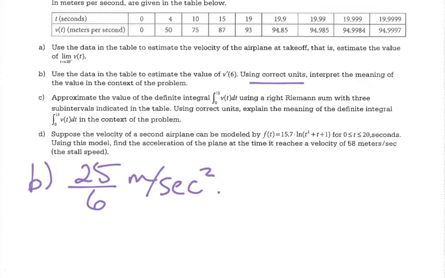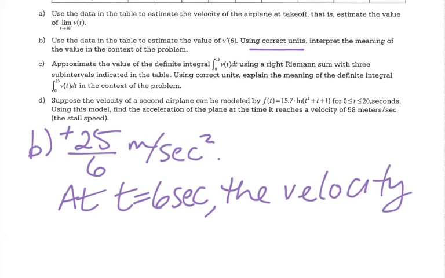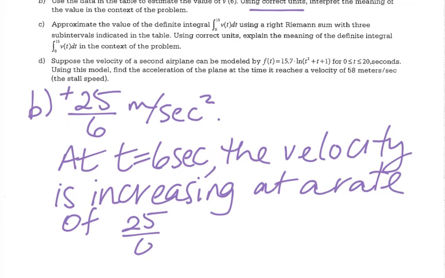So we can say that at around t equals 6 seconds, the velocity is changing, and we know it's actually increasing because acceleration is positive. So the velocity is increasing at a rate of 25 over 6 meters per second squared.